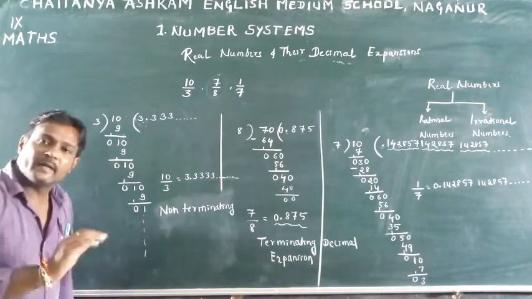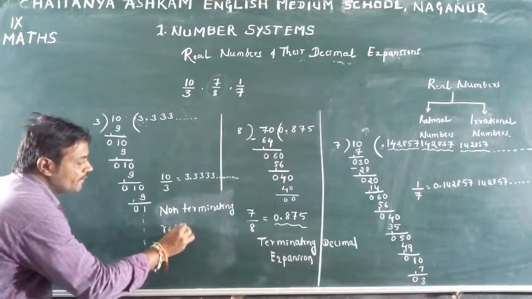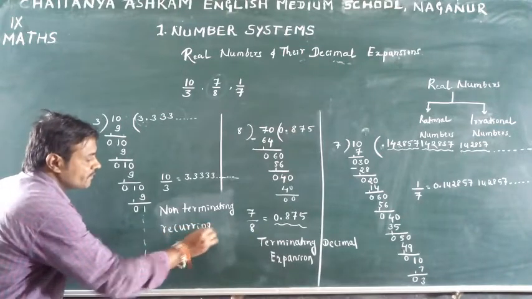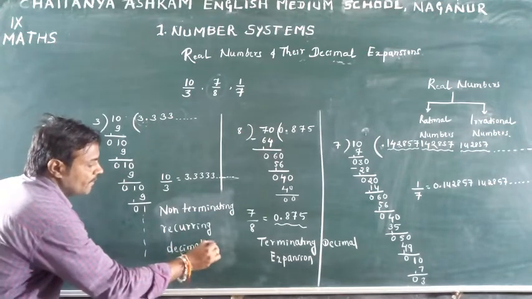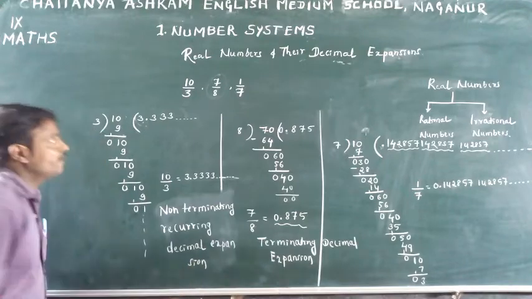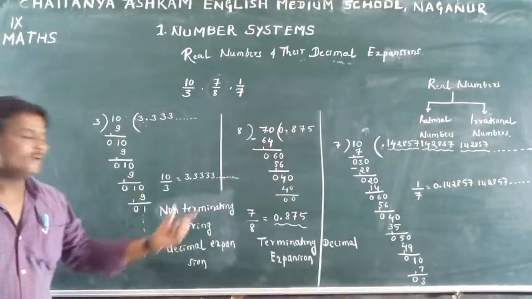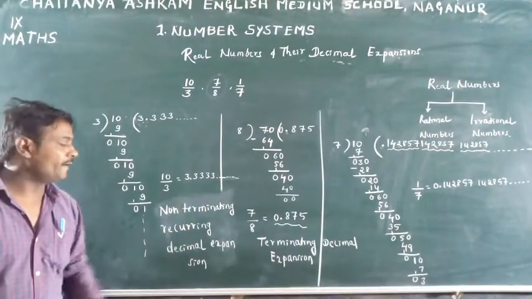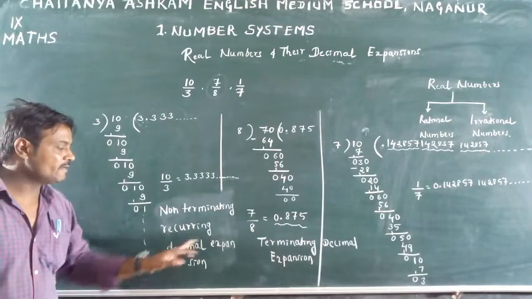Recurring means repeating. Non-terminating, recurring decimal expansion.